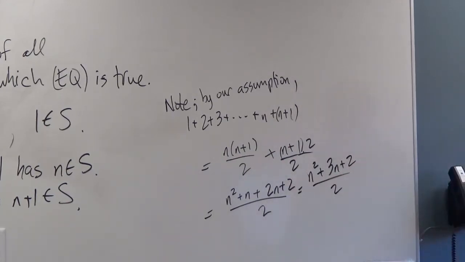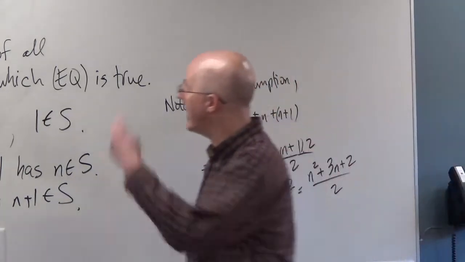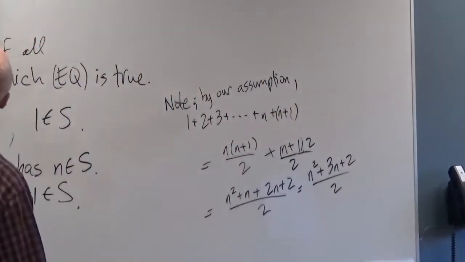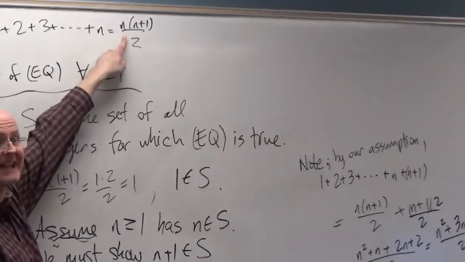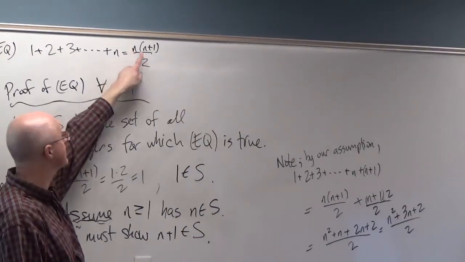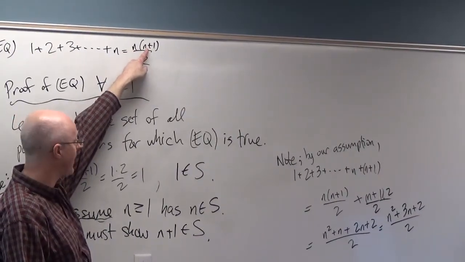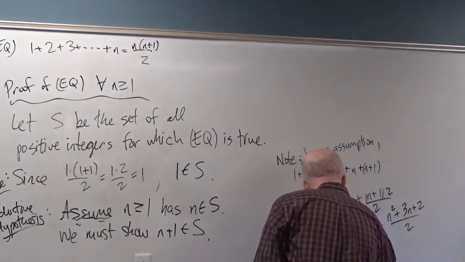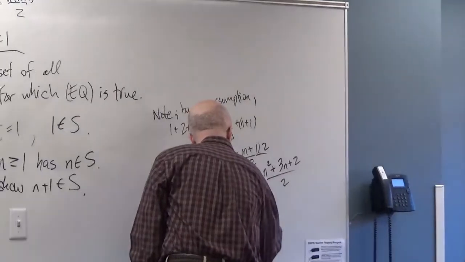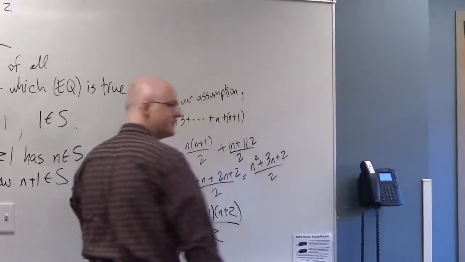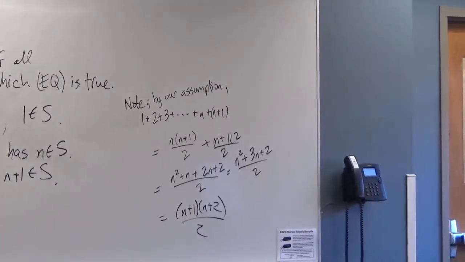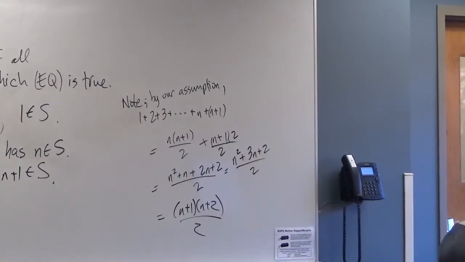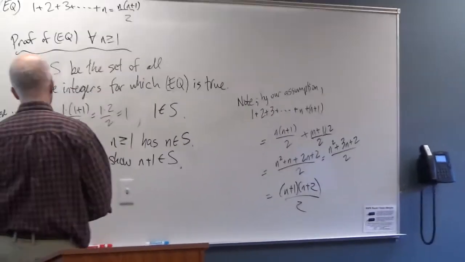Does this factor on top to what I want it to factor to? What do I want it to factor to? I want to get this expression with an n plus 1 in place at the end. I want to get an n plus 1 there and an n plus 2 there. Do I? Sure. I know how to factor. That's n plus 1 times n plus 2 over 2. I'm essentially done now. Probably would be good to write one more sentence.